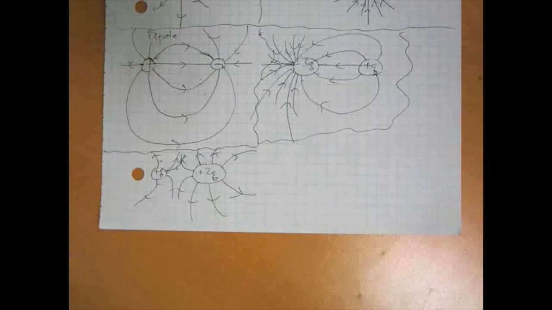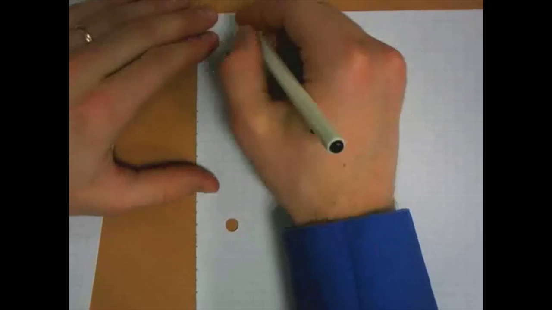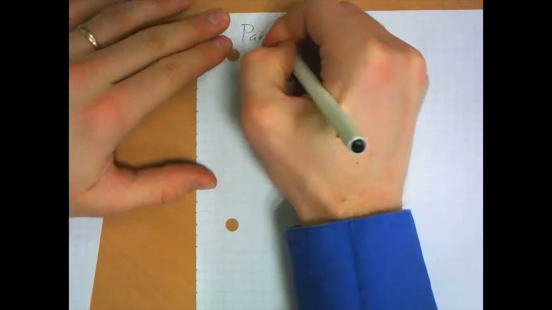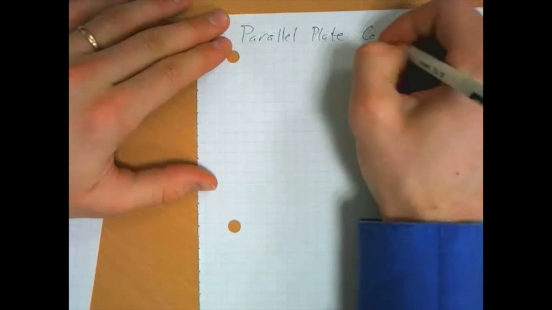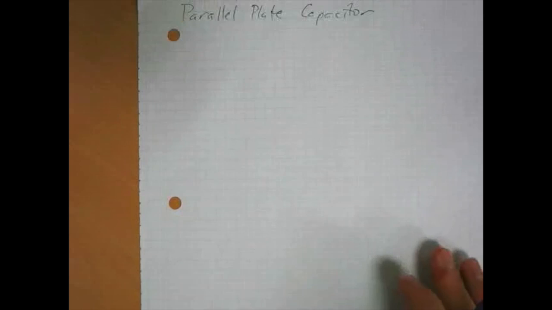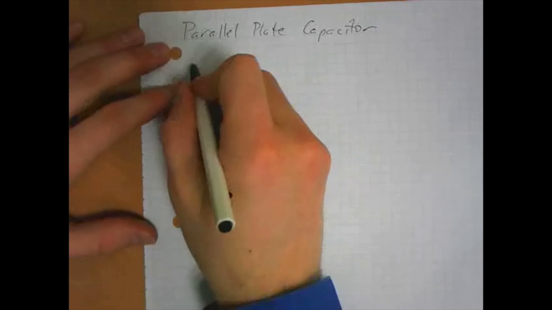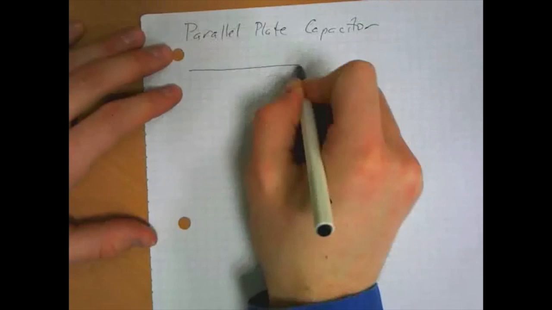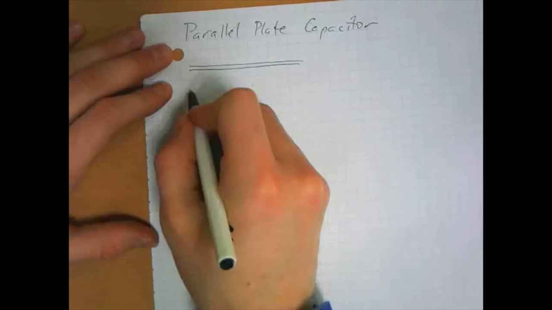There's a particular device, and we'll use it more when we talk about circuits, but a parallel plate capacitor is a device that's used because of the electric field that it has. In a parallel plate capacitor, there are 2 metal plates. So there's metal plate number 1, metal plate number 2.